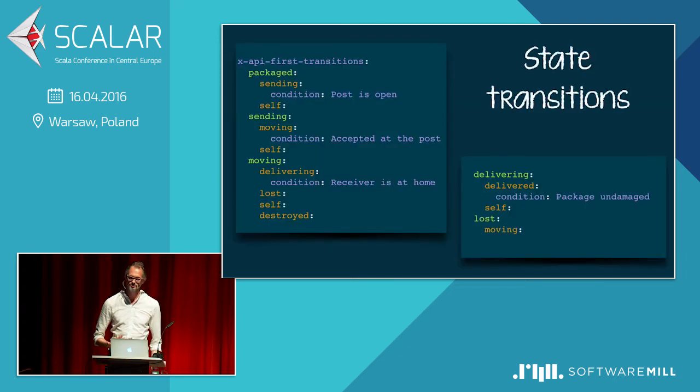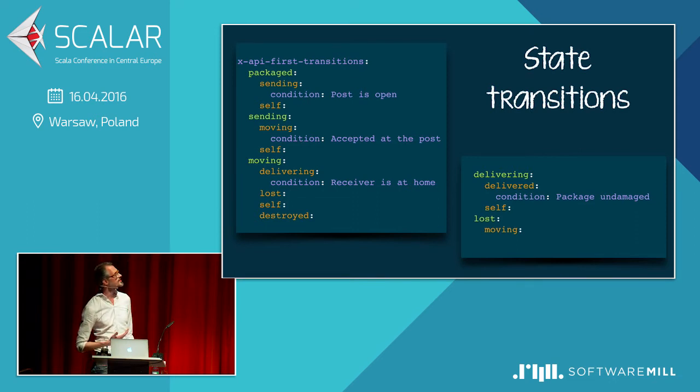Now, if you think of a resource and the state transitions that it goes through, it's actually very close to what business rules define. So if we think, for example, of a parcel which is transferred to a couple of parties, you can think of this as a state machine of such a resource.